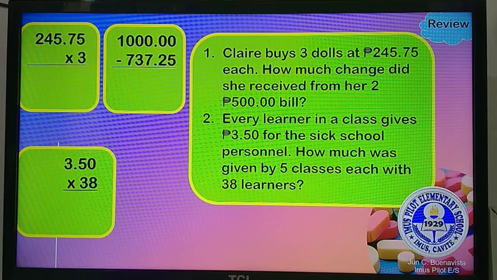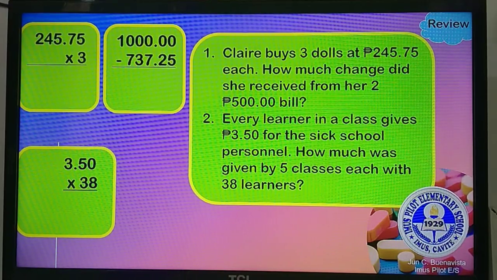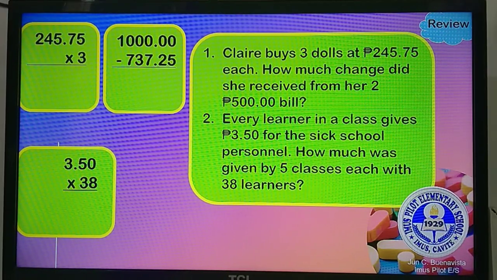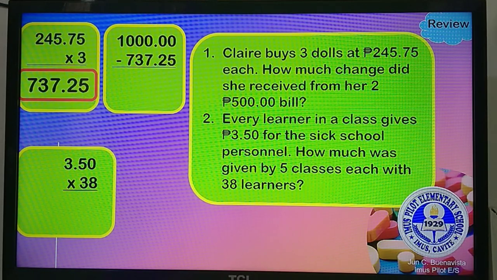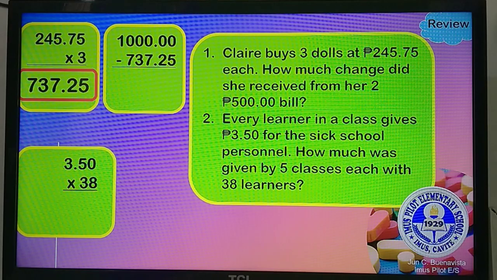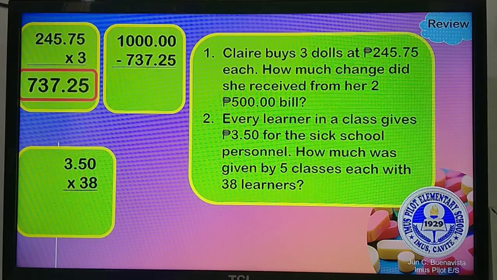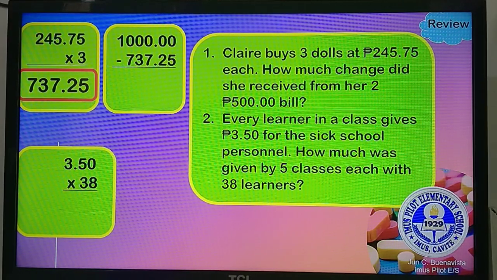Bring down 3, carry up 1. Then last is 3 times 2 equals 6, plus 1 equals 7. Now, we have 2 decimal places. That is why our product must also have 2 decimal places. So our answer now is 737 and 25 centavos.